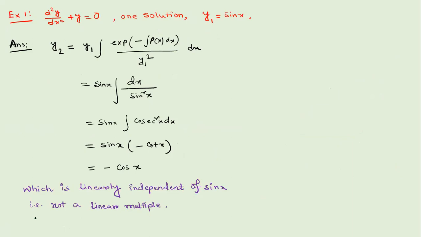This is an example: d2y/dx² plus y equals 0. This is an example, a second order differential equation. You can see here that p of x is 0, right? The general form is d2y/dx² plus p of x dy/dx plus q of x into y equals 0. Here there is no dy/dx, so p of x will be 0, and y1 given is sin x.